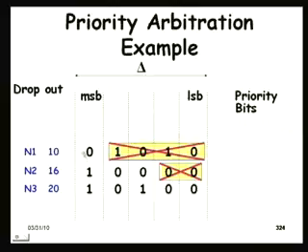So, N1 at the start of the slot, which is the same thing as the start of the arbitration interval, starts transmitting from the MSB. N1 transmits 0 and finds that 1 is being transmitted. So, it drops out, and does not transmit the rest of its priority value.